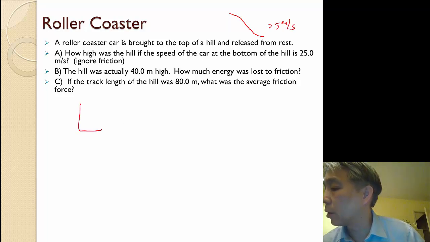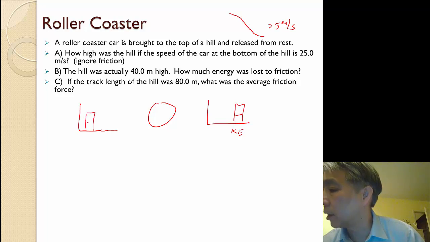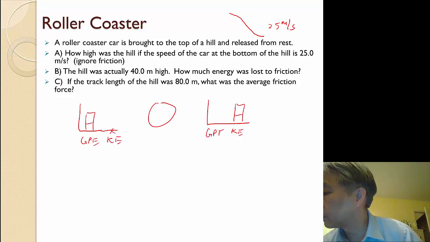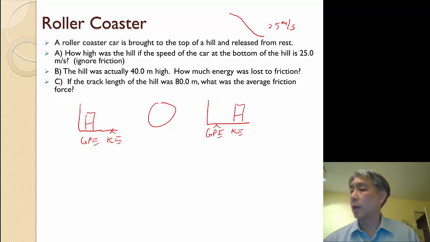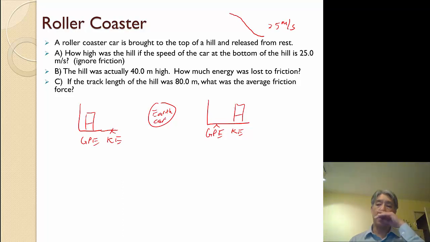Now I gave you information about the end. So here I have kinetic energy, quite a bit of it, and in the beginning it was all gravitational potential energy. Earth is part of my system still, so I don't have to worry about that, and the roller coaster car. The normal force of the track is always perpendicular again, so I can ignore that because of the 90-degree aspect.